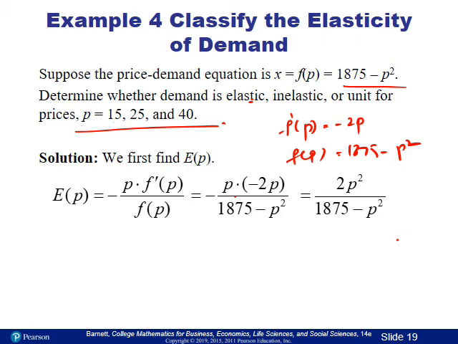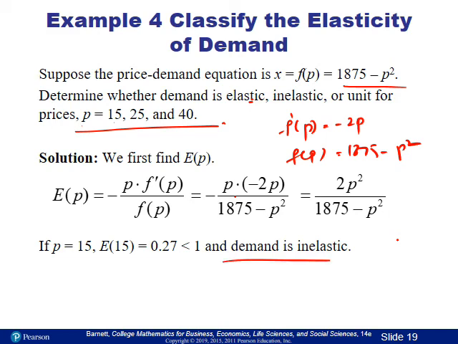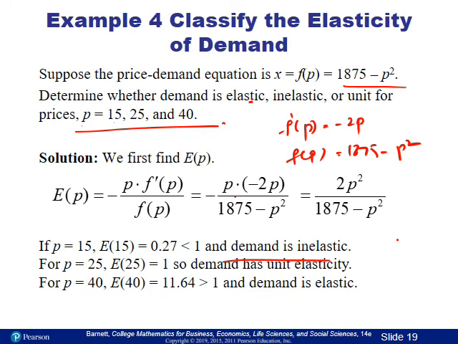Now when P is 15, you see what the behavior of demand is. It is less than 1, it means that demand is inelastic. It does not matter whether you increase or decrease the price, demand will be about the same. For P equals 25, E of P equals 1, so demand has unit elasticity. If you increase the price, demand will decrease at the same rate, and so on.